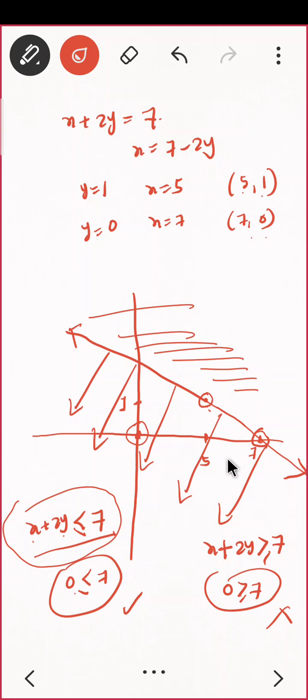We'll say this as the non-origin side. And this is called the origin side. Is that clear? So any straight line divides your plane into two parts. One will be the origin side, one will be the non-origin side.